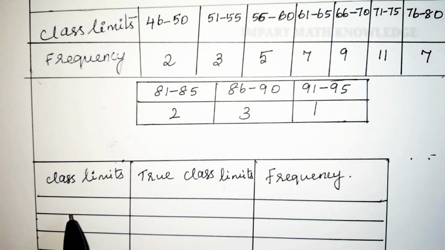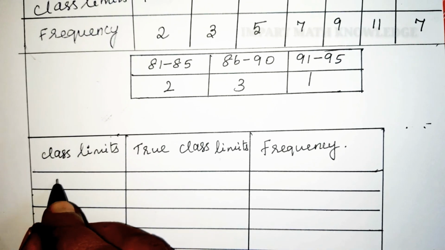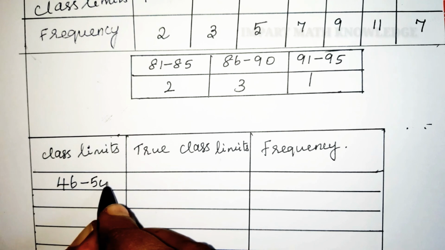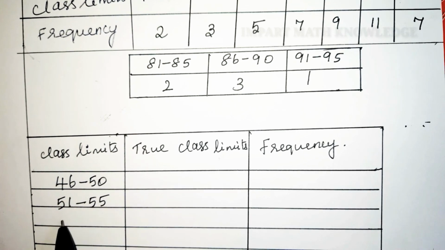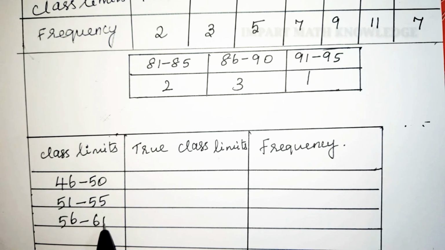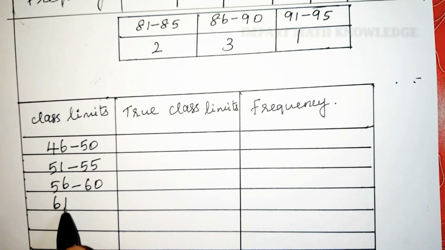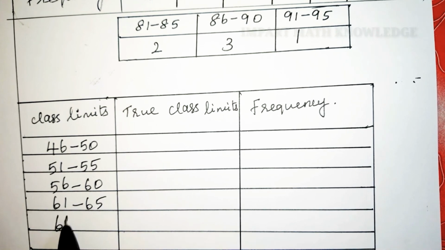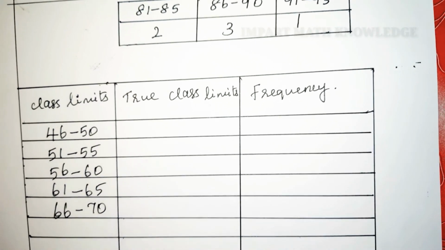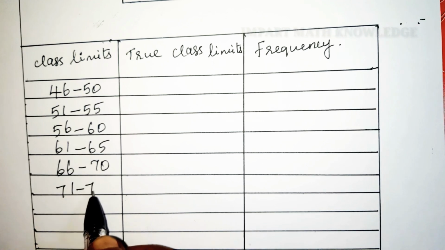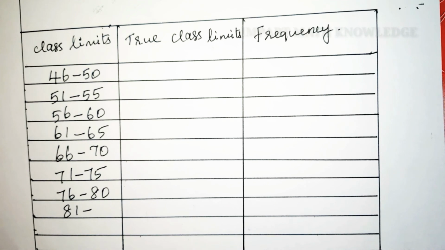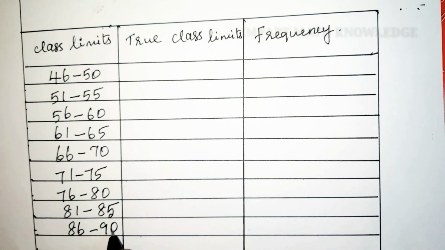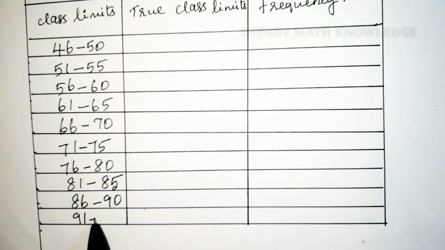The given class limits are 46 to 50, 51 to 55, 56 to 60, 61 to 65, 66 to 70, 71 to 75, 76 to 80, 81 to 85, 86 to 90, 91 to 95.